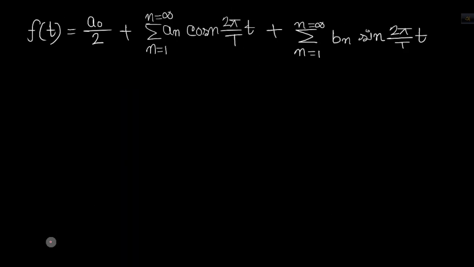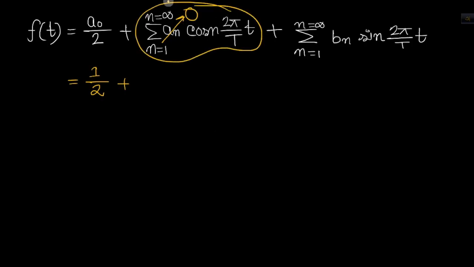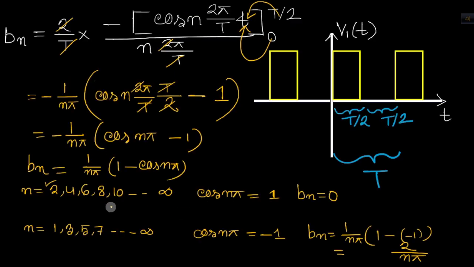Okay, so finally we have to plug the values of the coefficients here. The value of a naught is equal to 1, and we have found that the value of a_n is equal to 0, so this term will be equal to 0. And then we have found that for even n, this b_n is equal to 0.